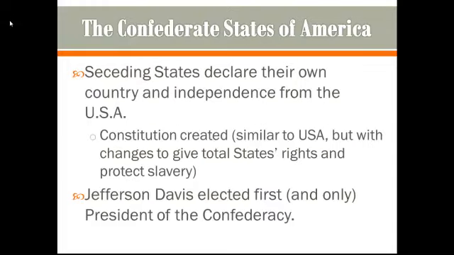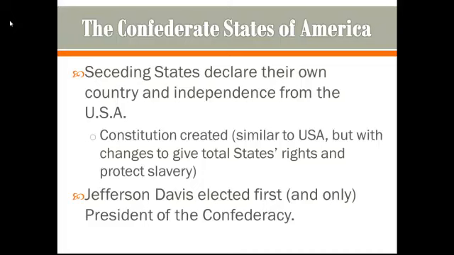And so all of the seceding states decided to basically band together and declare their own country. They declared independence from the United States, and they created their own constitution. They called this new country the Confederate States of America, being very clear in the title that these states were only in a confederacy. They were in an alliance, they were not one country.